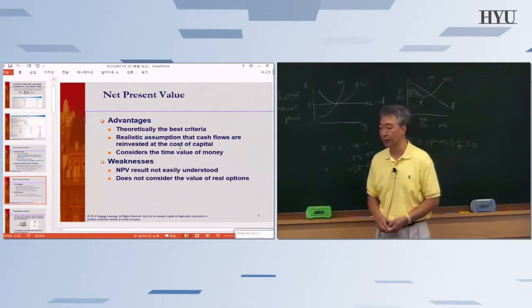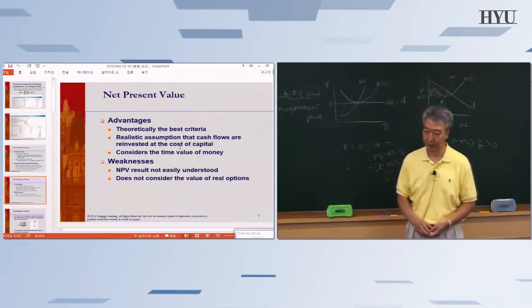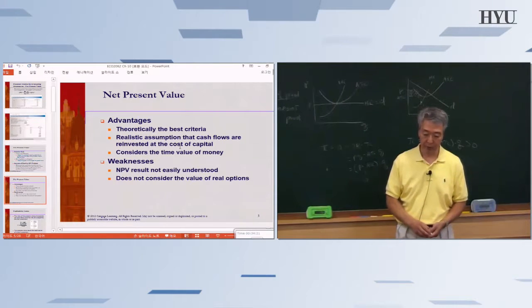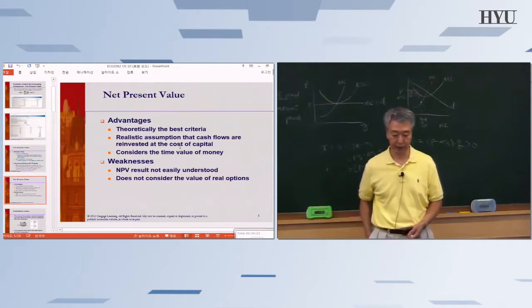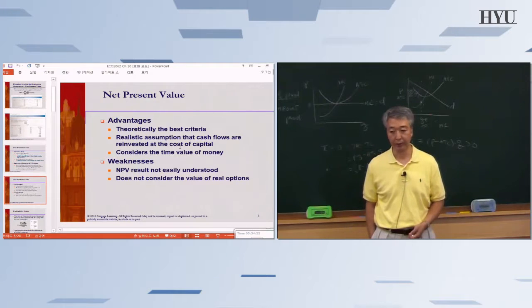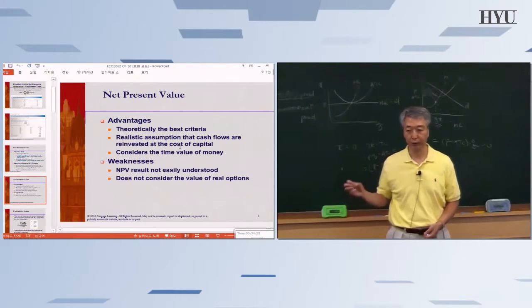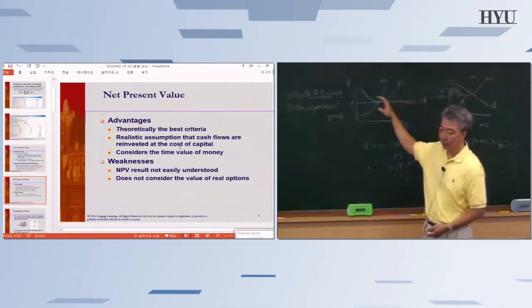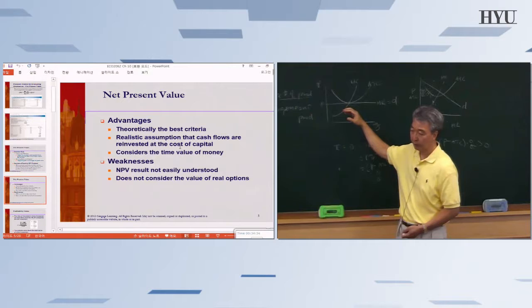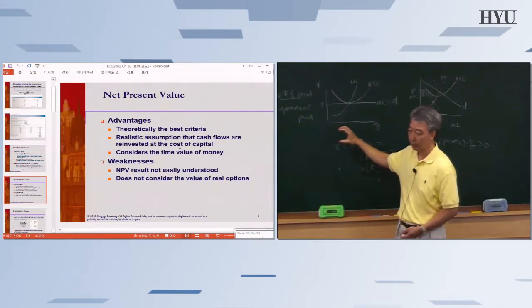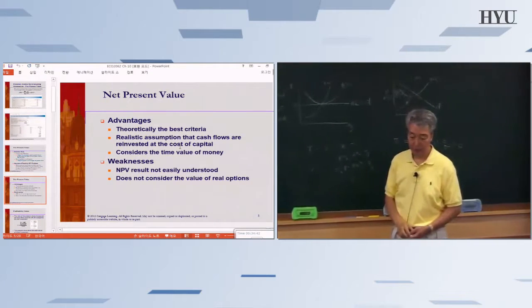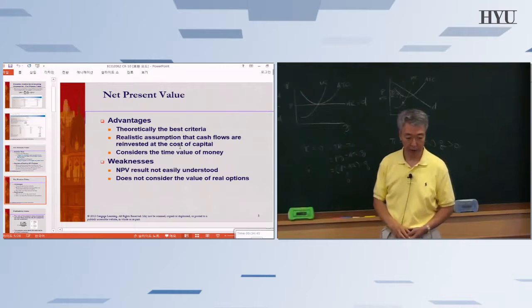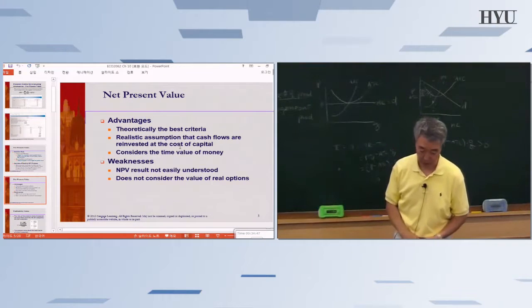It was considered the best criterion to make the decision. The reason is it is theoretically the best criterion, logically, right? Because we think about the future cash flows and discount them to the present value and compare that total present value to the total current investment, right? So if it's positive, yes, it makes sense to invest in that project, right?